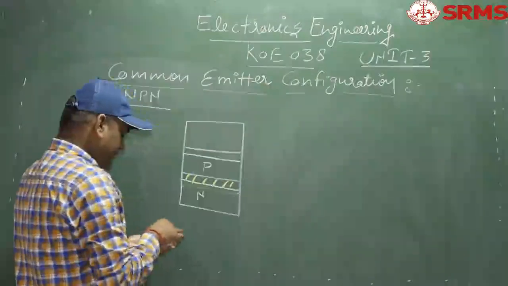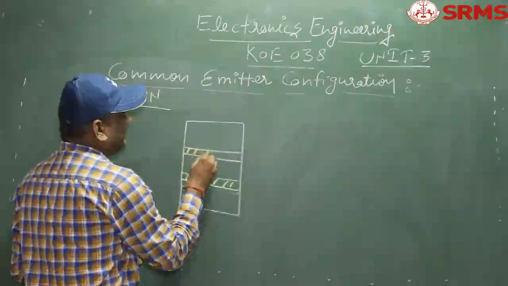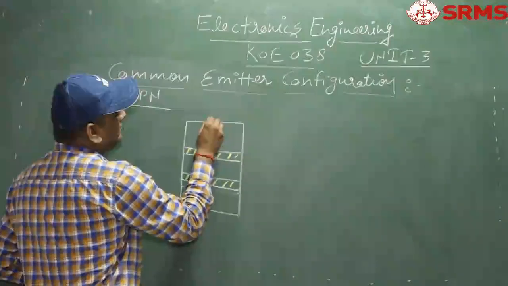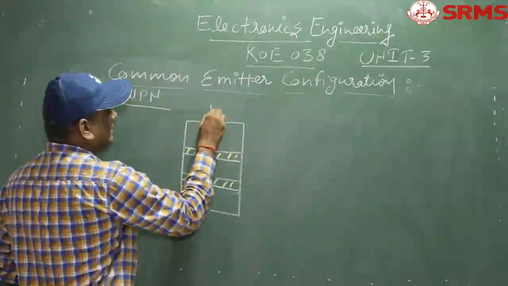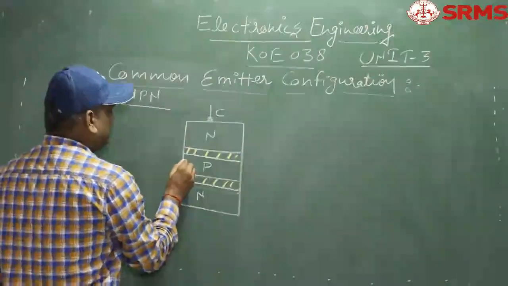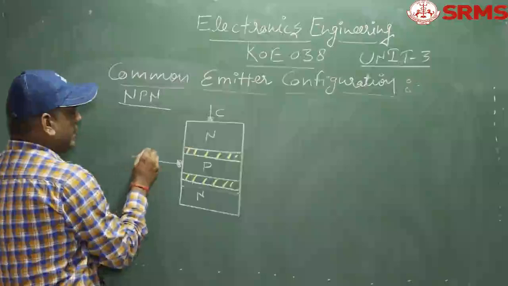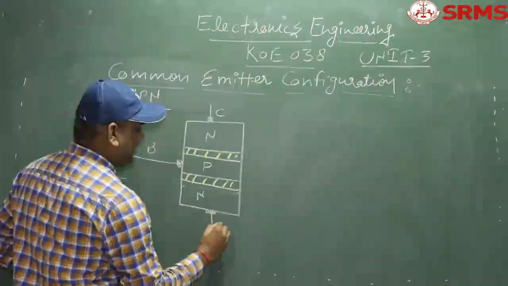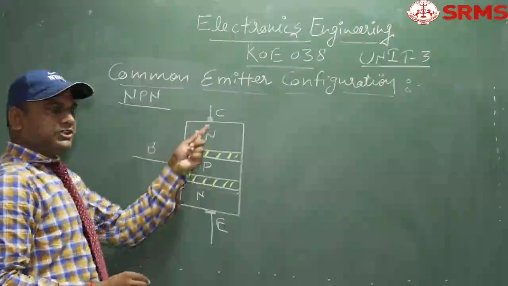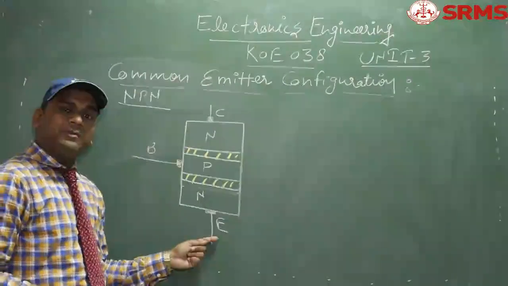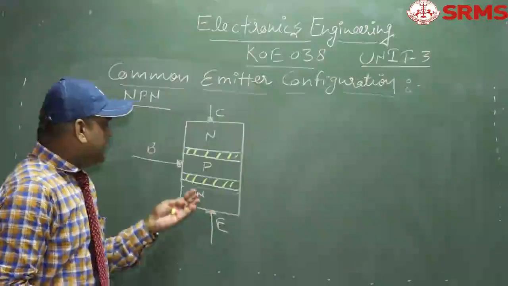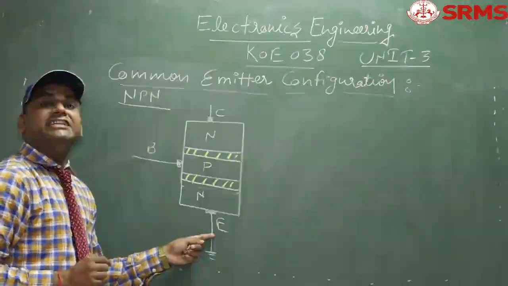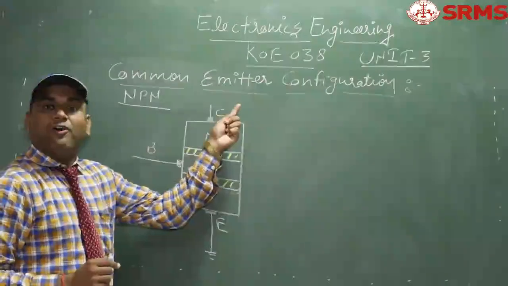And again we have a depletion region, and now this region is N. So this terminal is known as the collector terminal, this terminal is known as the base terminal, and this terminal is known as the emitter terminal. As you can see, the emitter terminal is made common for the base as well as for the collector.